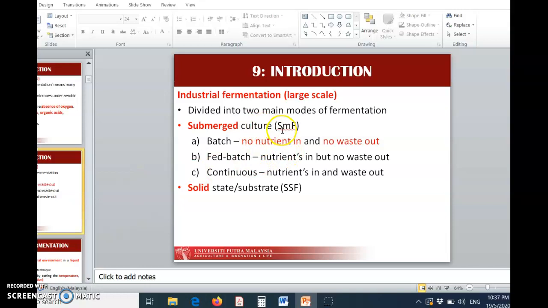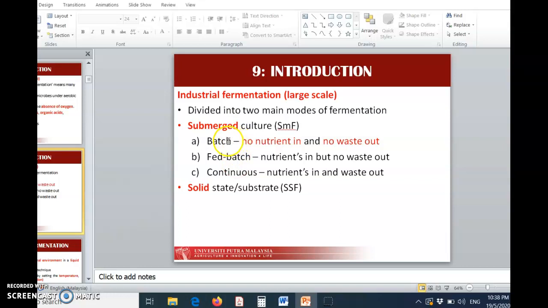Okay, industrial fermentation, which is large scale, is usually divided into two main modes of fermentation. The first one is submerged fermentation, in other words, we use liquid. Another one is solid state fermentation, where we use solid as a substrate. For submerged fermentation, there are three types.